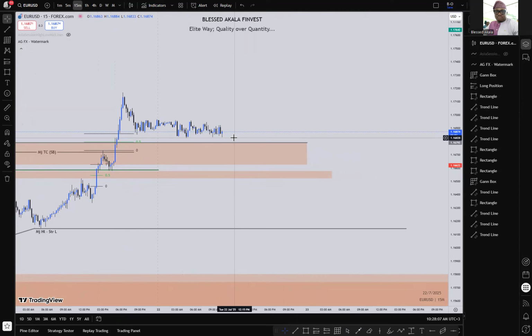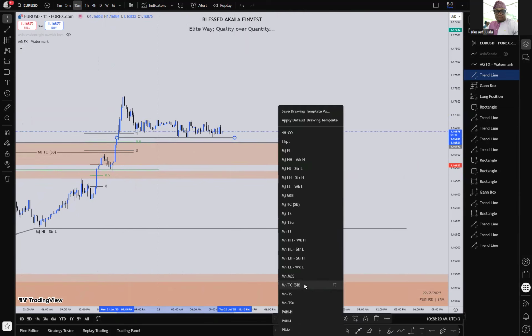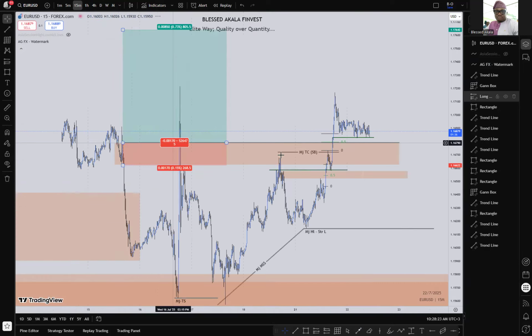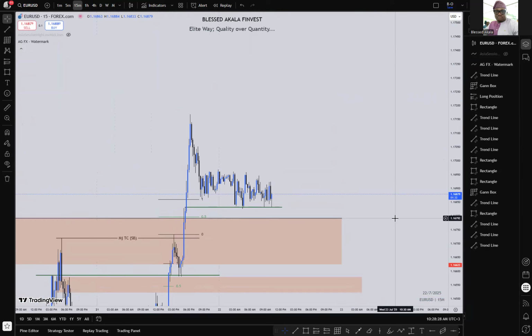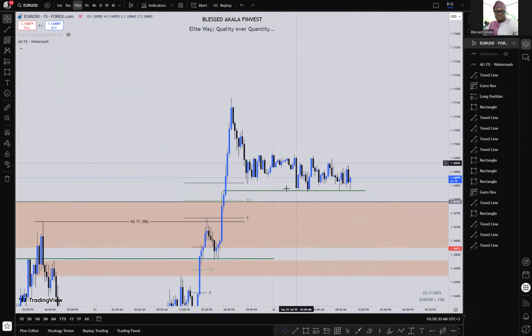In fact, I talked about this particular leg yesterday, as you can see. Okay, it's just bouncing off it. It did take the leg anyway.